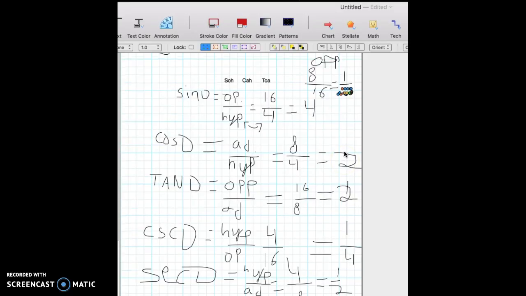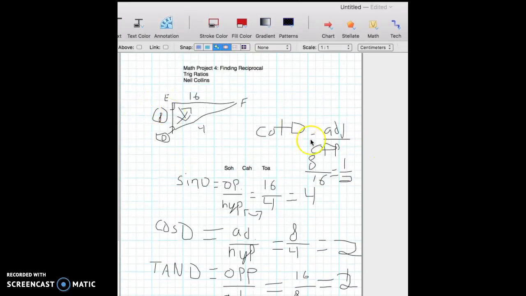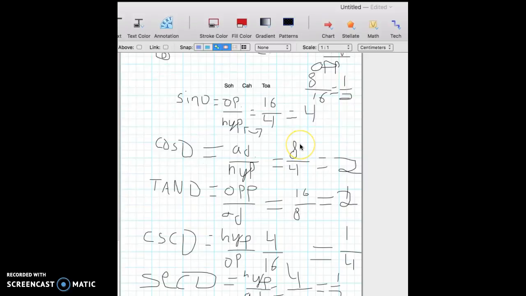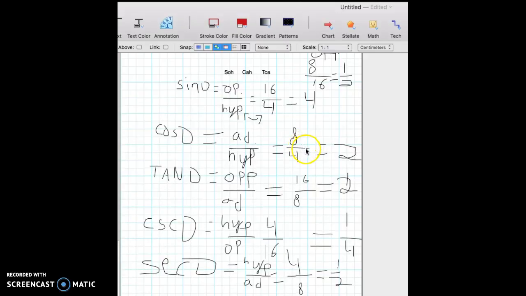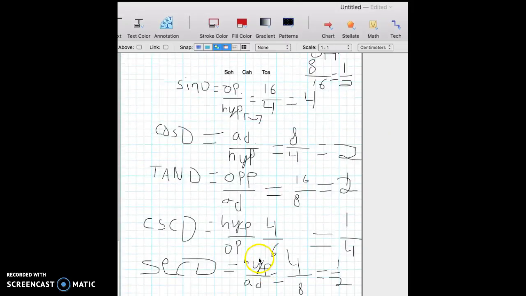For tangent we got 2. For cotangent we got 1/2. So we're always kind of doing the opposite when you're going from SOHCAHTOA to the secants or cotangent. You're just flipping it around. As long as you understand SOHCAHTOA, you'll be fine. I hope this lesson helped you guys out.